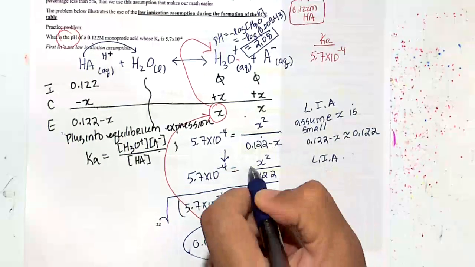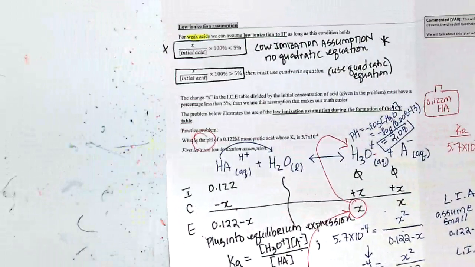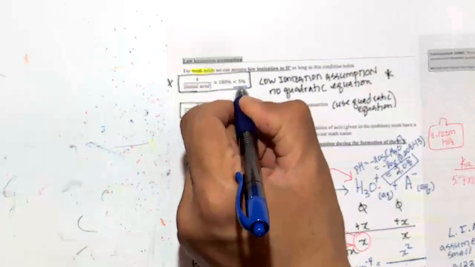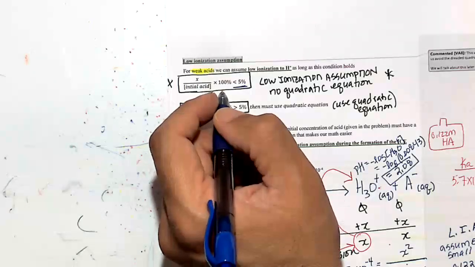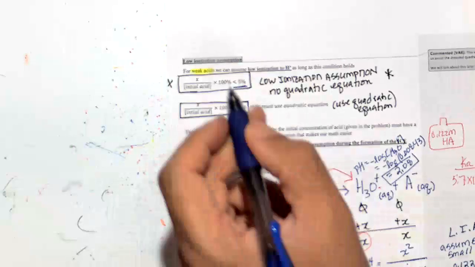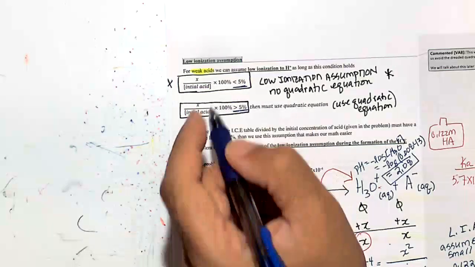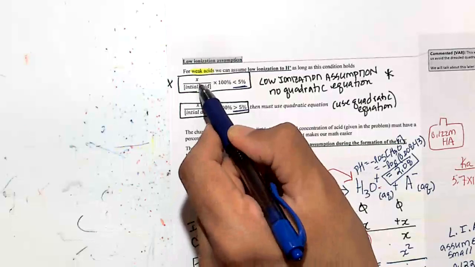Going from here to here, how will we test our assumption? What's the threshold? The threshold is 5%. If this is greater than 5% ionization, then we can't do this. So we'll take our x.